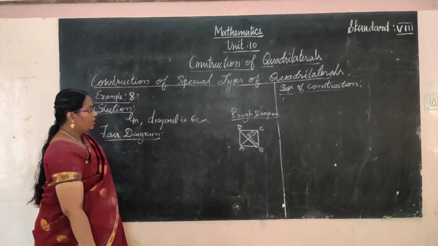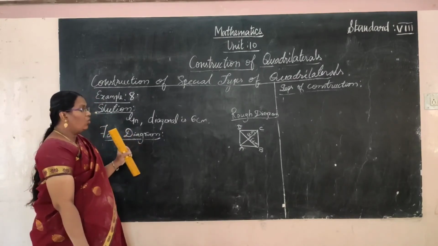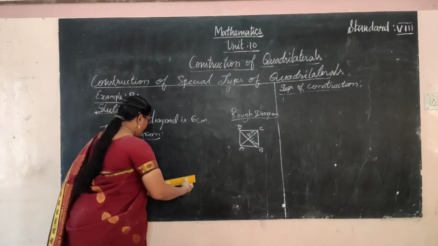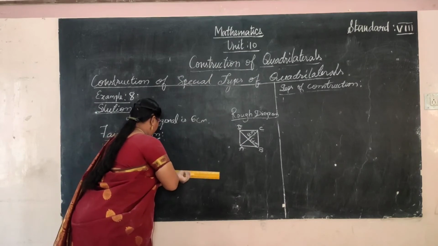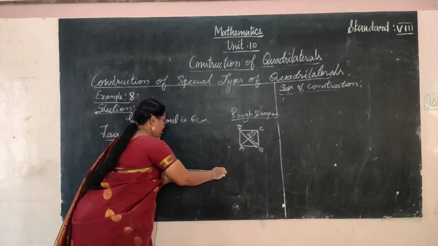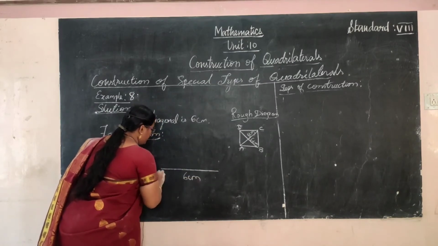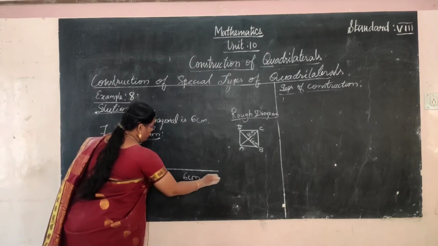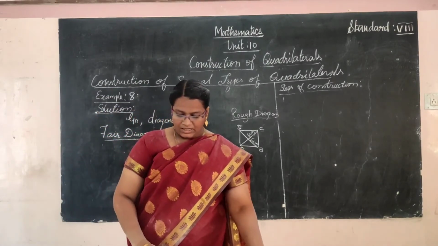So the AB value is not there. When we know the diagonal, first draw the diagonal. So the diagonal of 6 centimeter I have to draw. First I draw the diagonal AC.